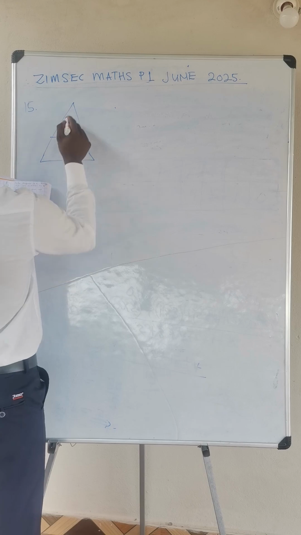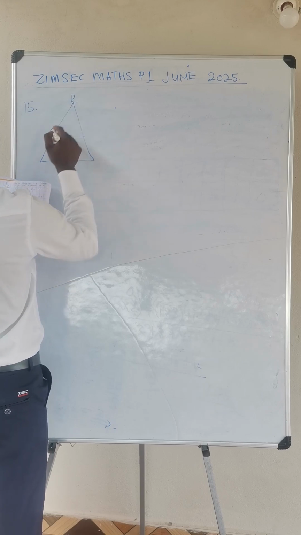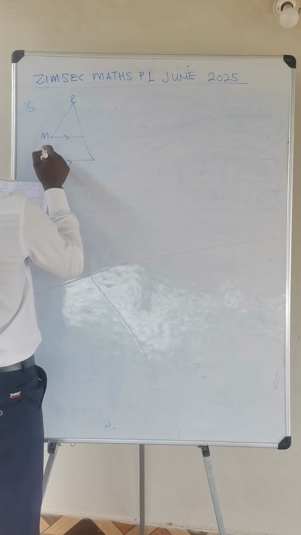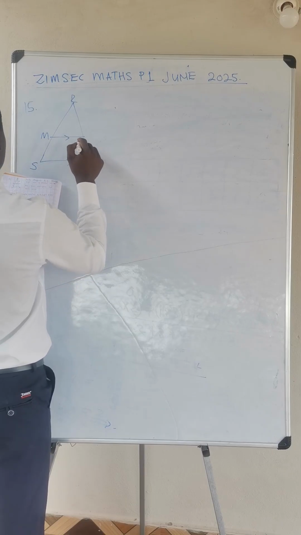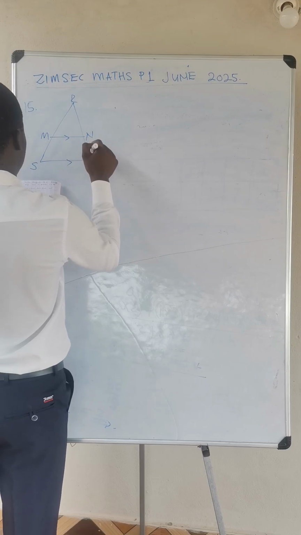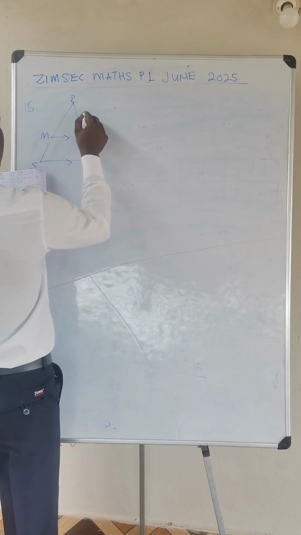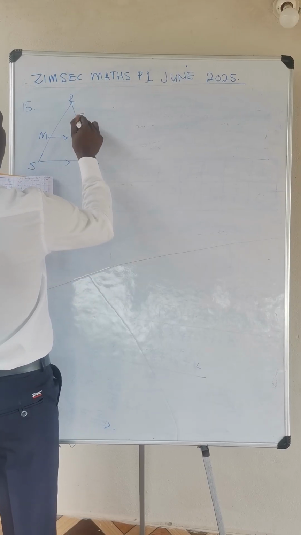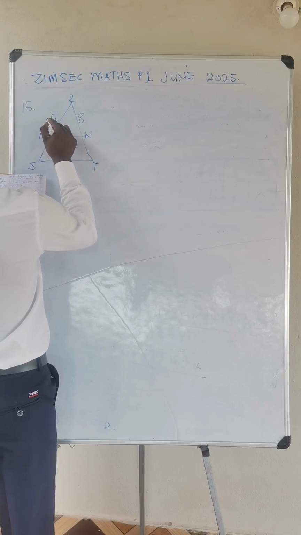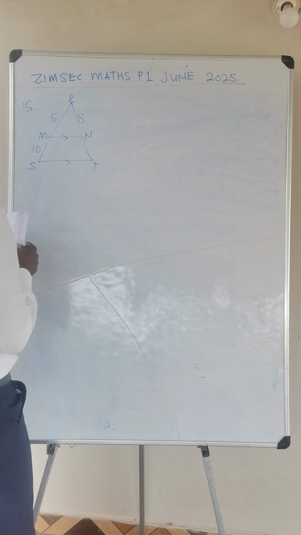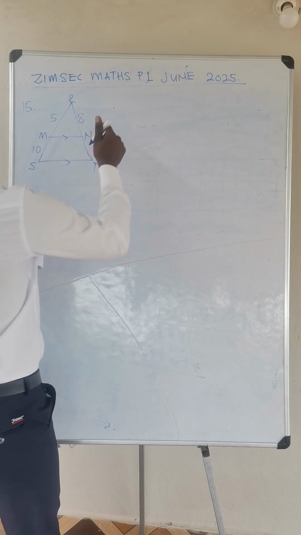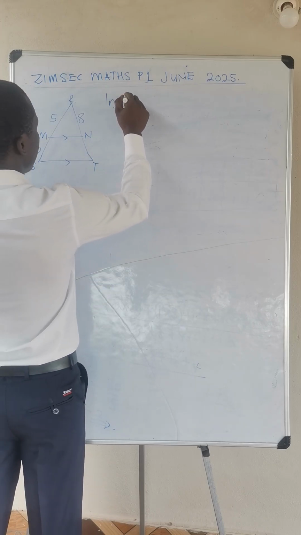Here is R, here is M, here is S, here is T, here is N. Here is 8, then 5, then 10. Like this.